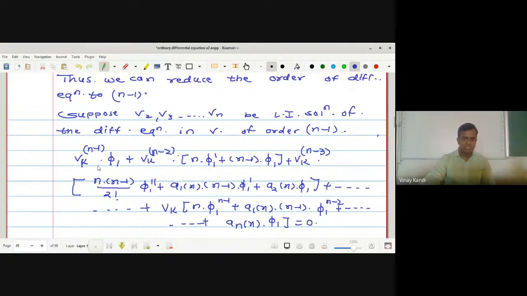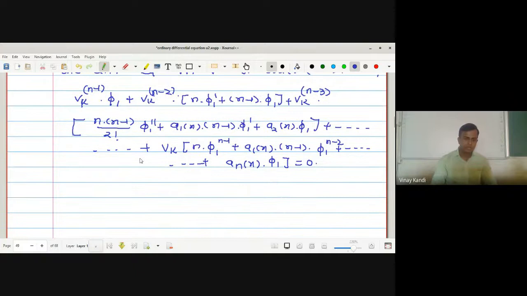Okay, so this is the differential equation of order n minus 1. Now we have vk of x is equal to uk dash of x.